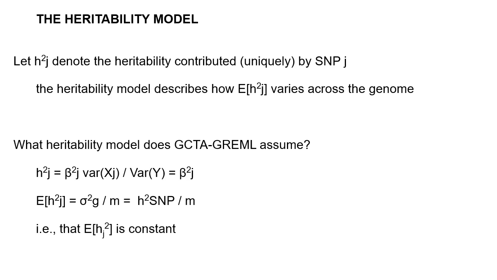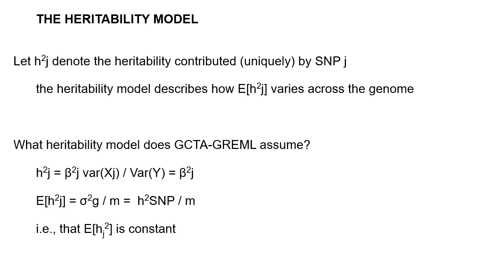So what heritability model does GCTA assume? Well, the heritability contributed by a SNP takes this form. It's the effect size squared times its variance divided by the phenotypic variance, and because we standardize things, it's equal to the effect size squared. So hopefully this makes sense. If a SNP has a bigger effect size, then it contributes more heritability.